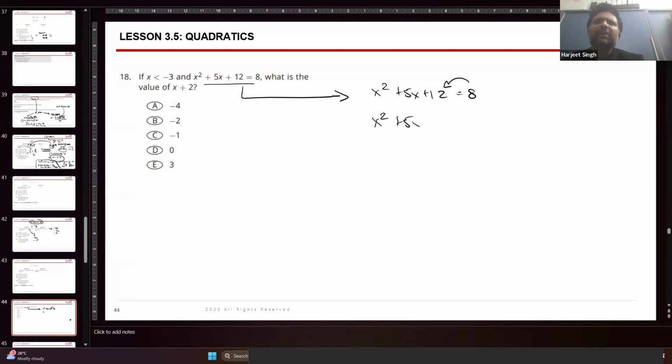So x squared plus 5x plus 4 equal to 0. Product is 4 and the sum of the factors is 5. So can I write combinations of 4 will be 1 into 4? And if I add 1 and 4, they will give me 5, right? So this is the right choice, which means factorization will give me x plus 1, x plus 4 equal to 0, which means x is minus 1 or x is minus 4.